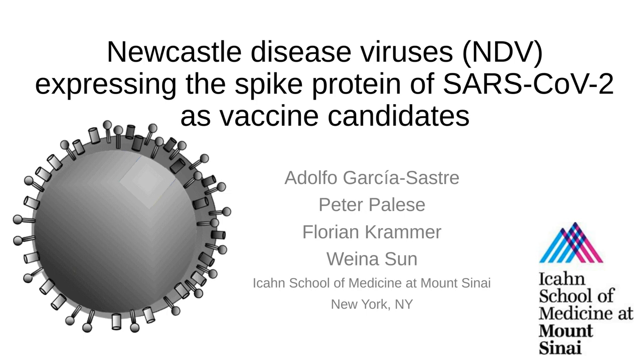So the viral vector that we are using for expressing spike is based on these vaccine strains of Newcastle disease virus that are being used for vaccination of chicken against Newcastle disease. Therefore, they are safe for chicken and are known also to be safe for humans, which is also very important.